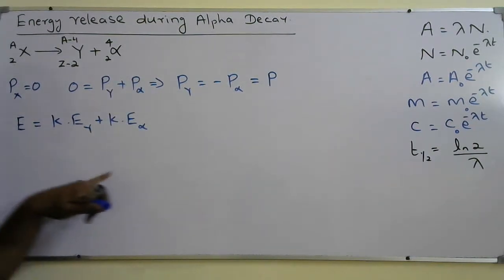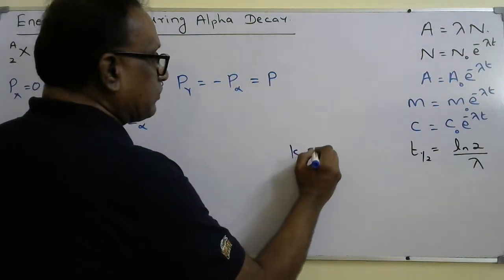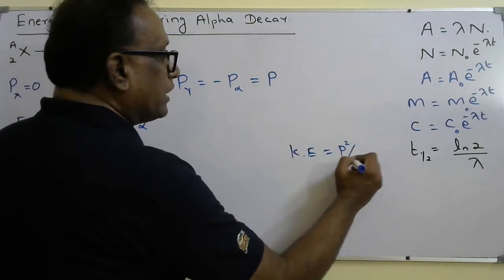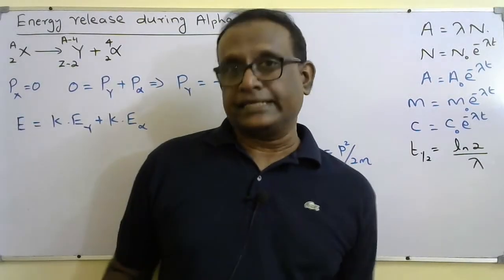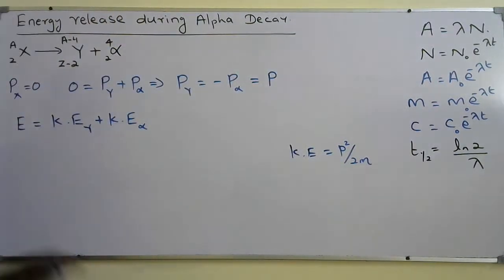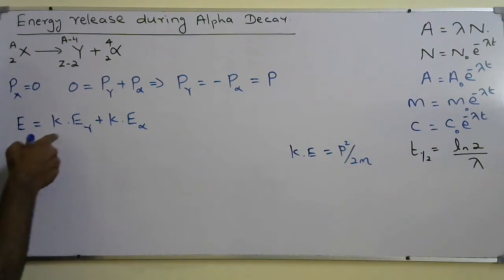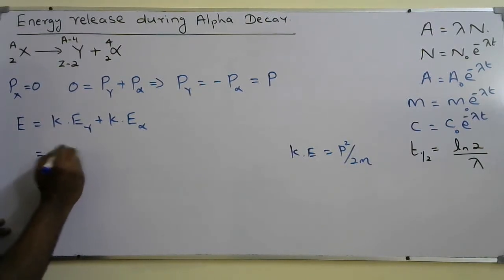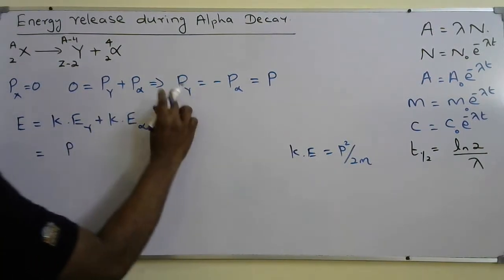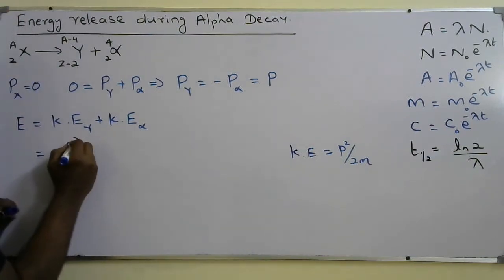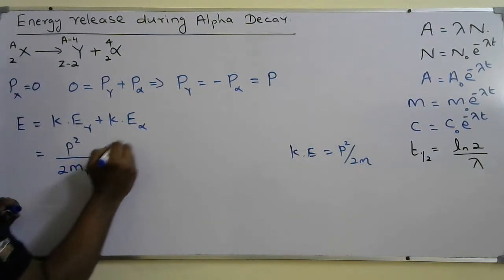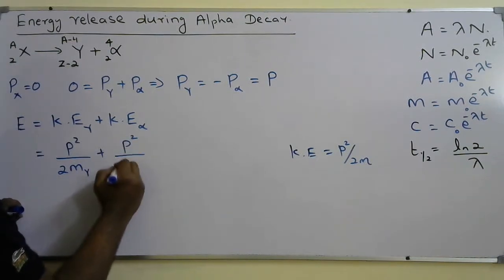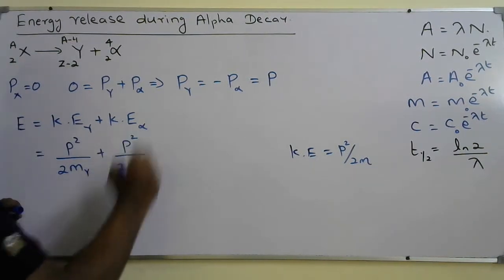We learned in unit 4 that kinetic energy is equal to P squared over 2m, also given in the data sheet. So the kinetic energy of Y is P squared over 2 times mass of Y, plus P squared over 2 times mass of alpha.